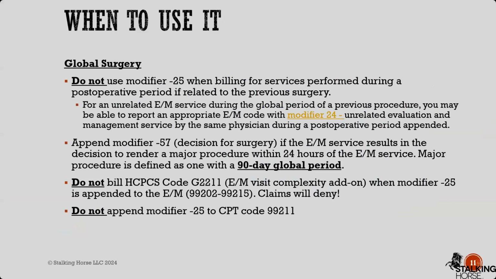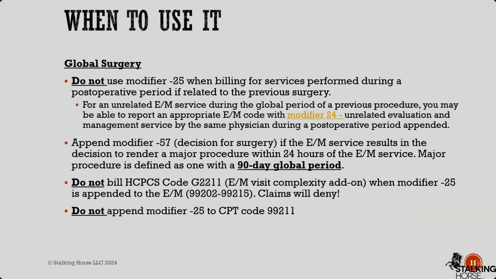Now, it's important that you do not use Modifier 25 when billing for services performed during a postoperative period if it's related to the previous surgery. And that would be something that has like a 90-day global period. So again, Modifier 25 is used only when it's a 0 to 10-day global period, as well as meeting that other criteria of the E&M being separate and identifiable and significant, right?